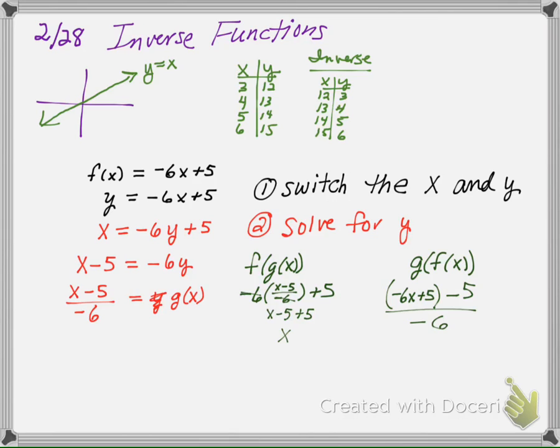All right, let's go ahead and simplify. Plus 5 minus 5 makes 0. So that gives me negative 6x over negative 6, which is just plain old x. So as long as they both simplify to x, you have now verified that these are good inverses.